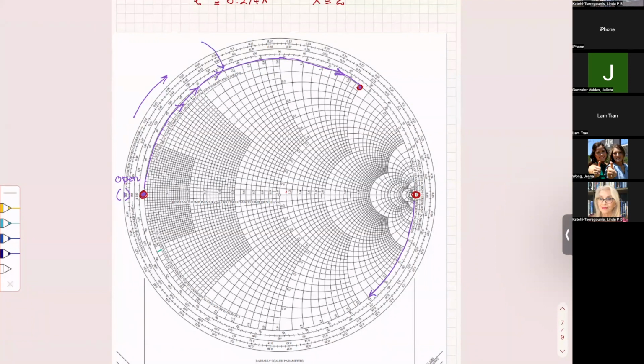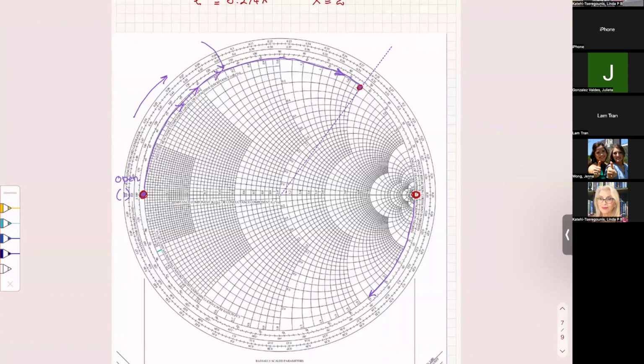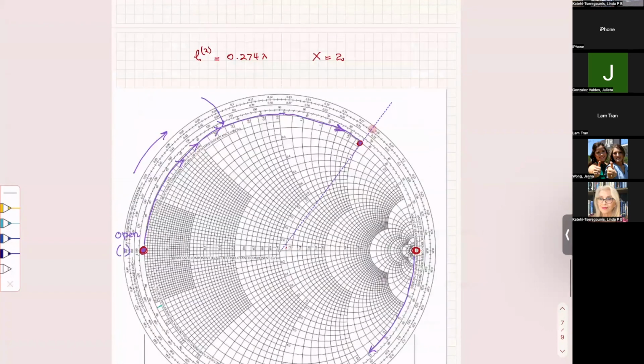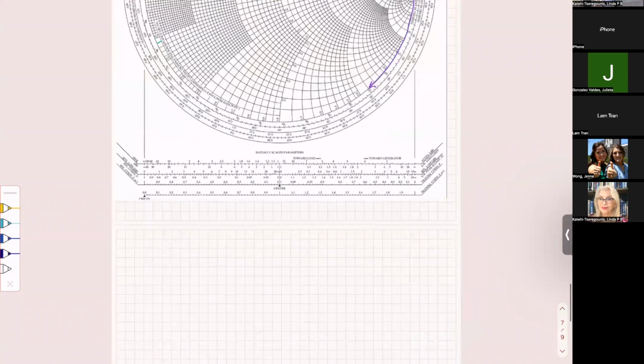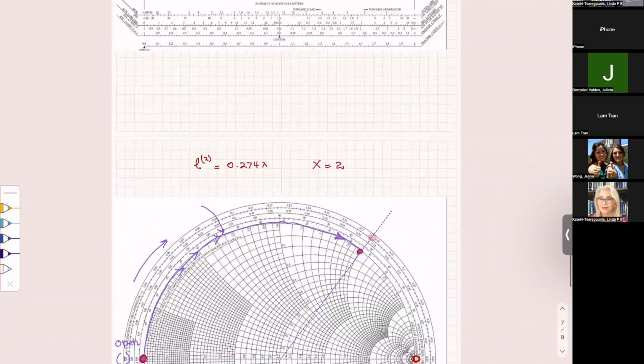All right, to find that distance, take this line, and we find this number here. And obviously in this case it's for open, so it's for L1, the open case. So this one was for the short stub.